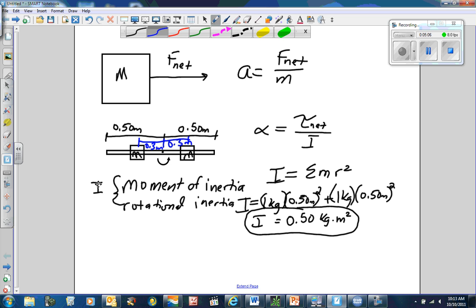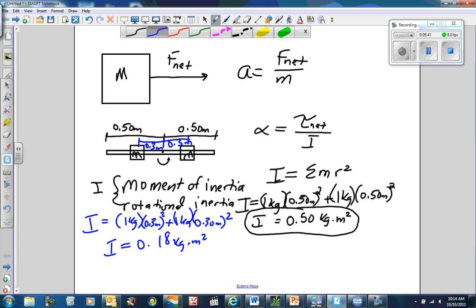So I equals the sum of m r squared. Now I've got 1 kilogram times 0.3 meters squared plus 1 kilogram times 0.3 meters squared. When I do that, 0.3 squared plus 0.3 squared gives me 0.18, so I equals 0.18 kilograms times meters squared.